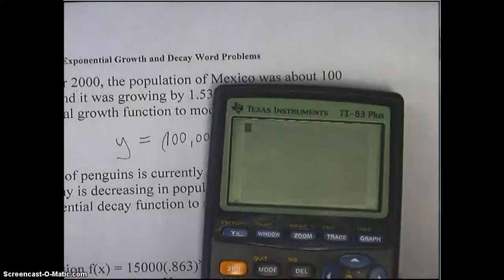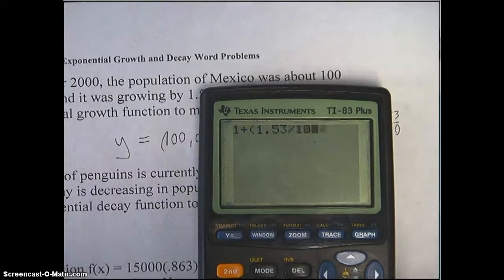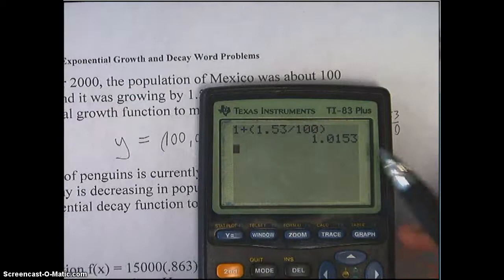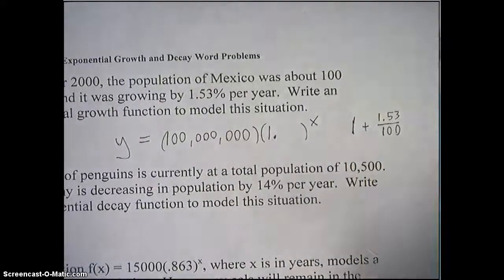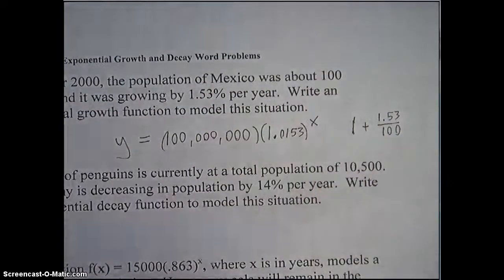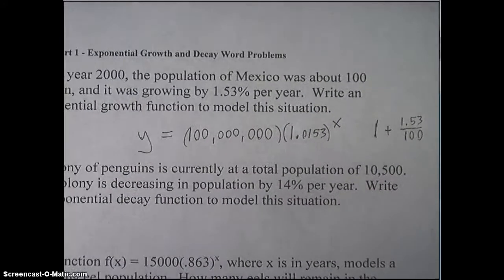I'm just going to do that in the calculator real quick. 1 plus 1.53 divided by 100. That's what I need to type into the formula, 1.0153. All right, we weren't asked to solve anything. We were just asked to write a formula, which is exactly what we did.